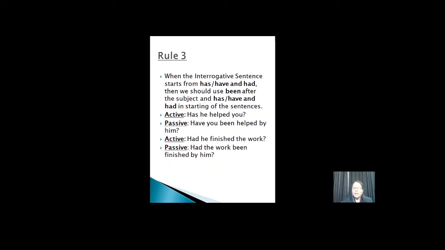Passive: Have you been helped by him? Active: Had he finished the work? Passive: Had the work been finished by him? So here we have covered present perfect and past perfect interrogative. I hope you have understood till rule 3.